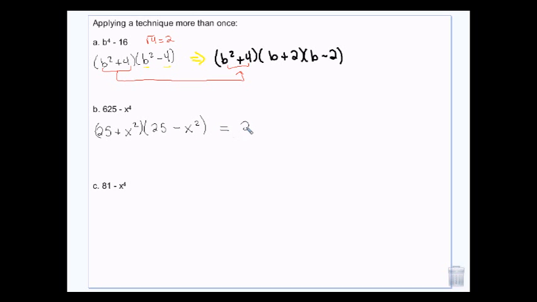So I carry the 25 plus x squared over, because that doesn't change. And then I factor these, and I do 5 plus x and 5 minus x, because the square root of 25 is 5.